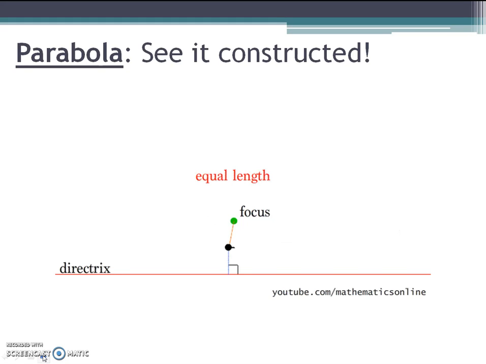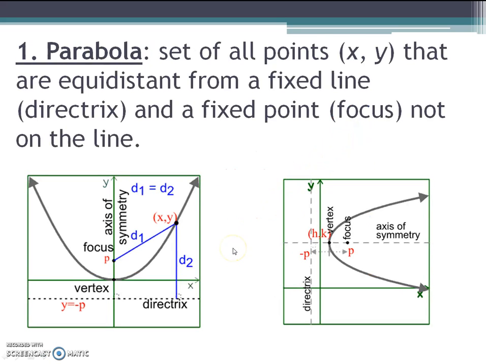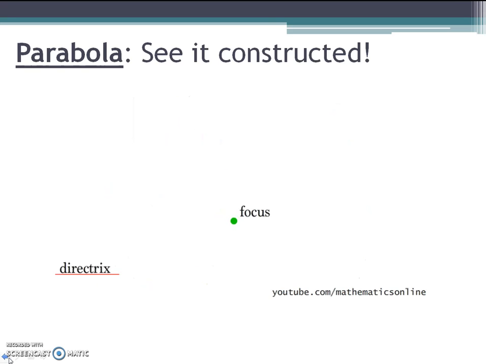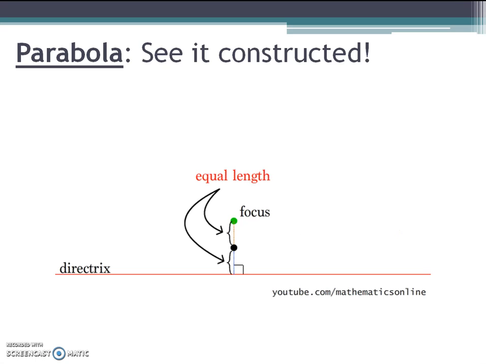The midpoint of the length from the focus to the directrix is called the vertex of the parabola, which you've been familiar with in the past. That's this point right around there. It'll reanimate. But the midpoint between the focus and the directrix is the vertex of the parabola.